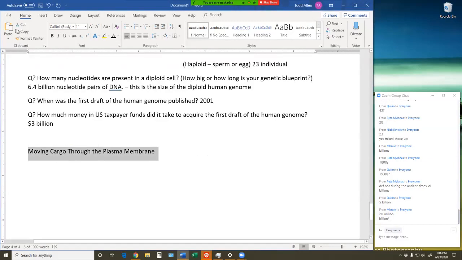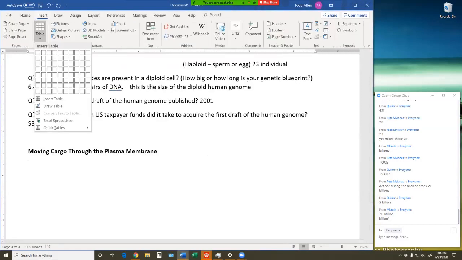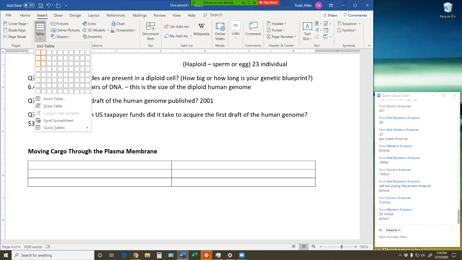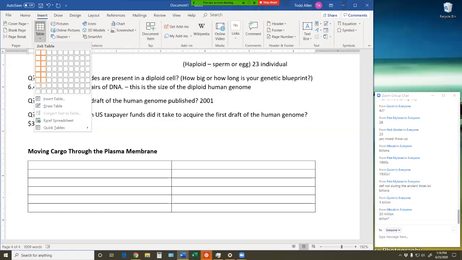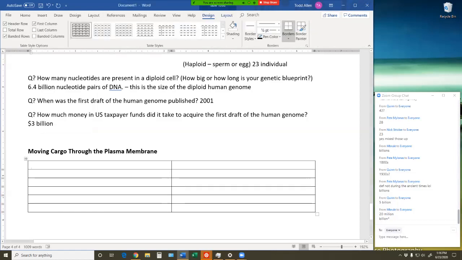All right, so I suppose at this point I need to talk. We can break these processes that move cargo through the plasma membrane into several categories. And so I'm going to break it down this way.